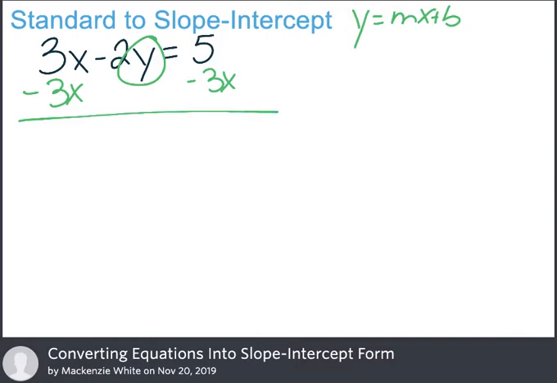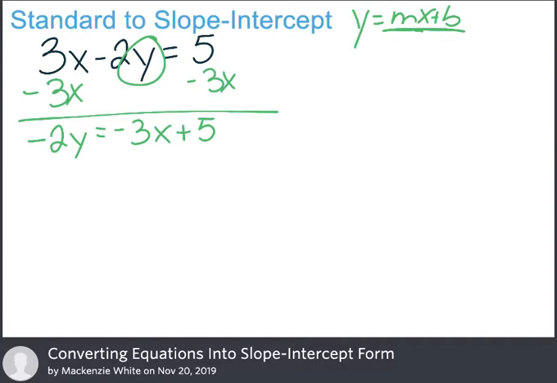So that leaves you with -2y equals -3x plus 5. And you could put the -3x at the end, but again, our objective is to get y equals mx plus b, so we're going to put that at the beginning of our equation on the right-hand side.